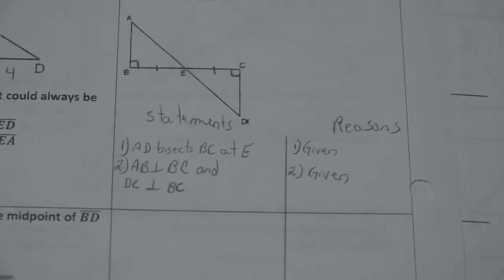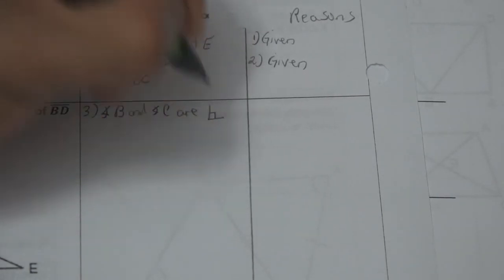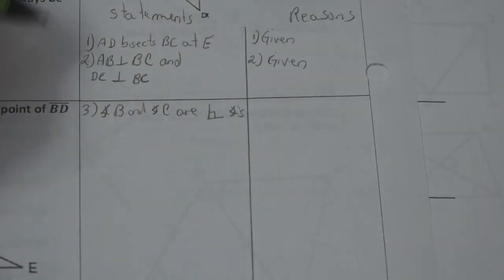Well, let's see. Because of the first given reason, I can say that angle B and angle C are right angles. I'm gonna put it like that. If you want to, you could just write they are right angles.